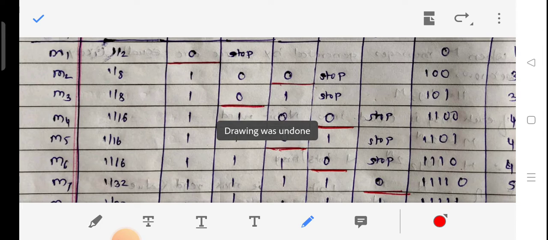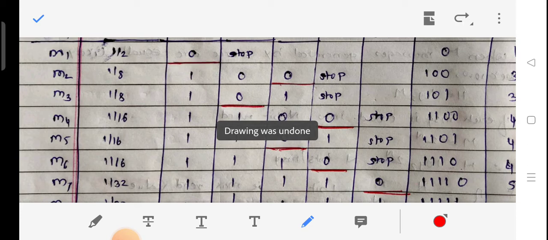We have to partition these messages into two sets accordingly. In the upper set we have only one message, M1 with probability 1/2, and in the lower set we have messages M2 to M8 with the addition of all their probabilities, that is 1/2.